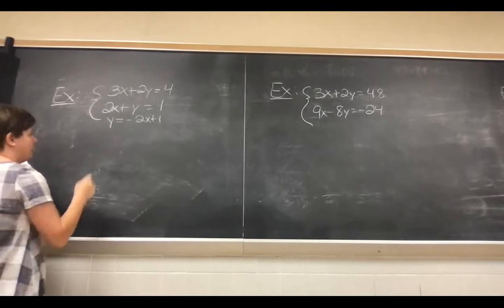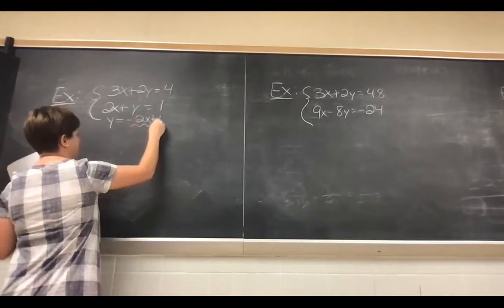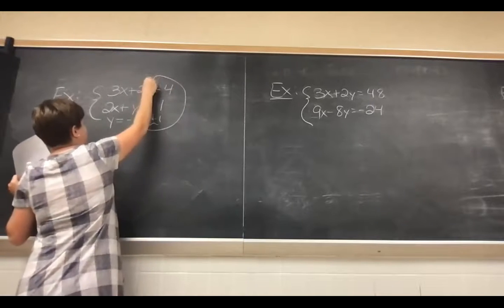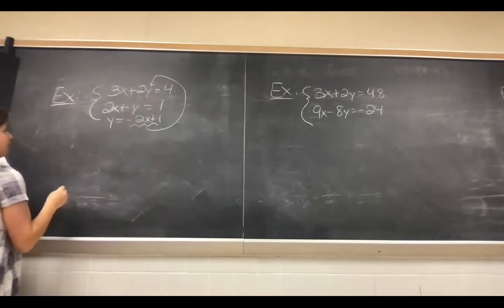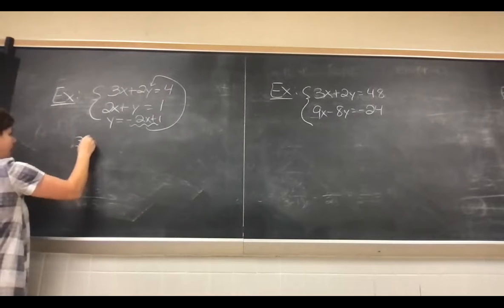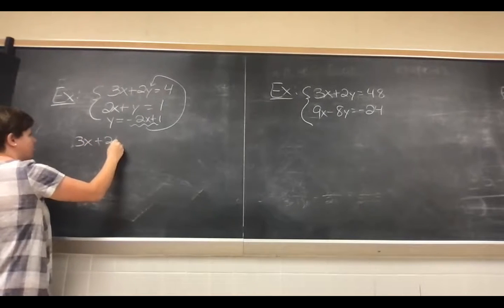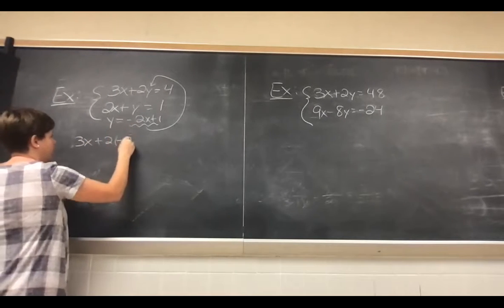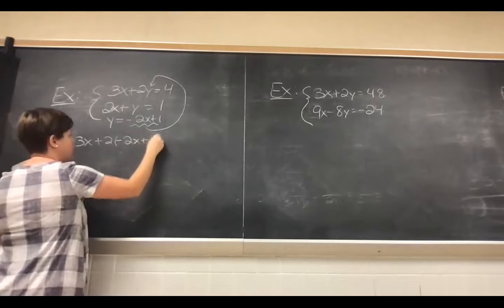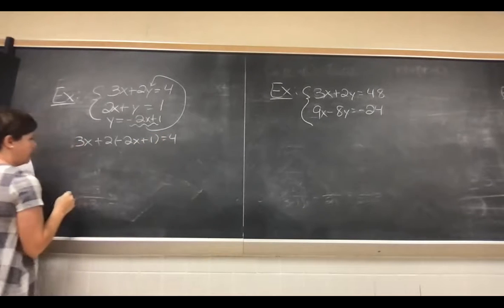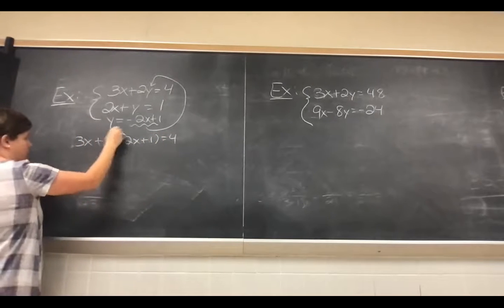And again, I'm going to plug all of that into the first equation in place of y this time. So I have 3x plus 2, and then instead of y, I'm going to plug in negative 2x plus 1 equals 4. I'm going to distribute that 2.